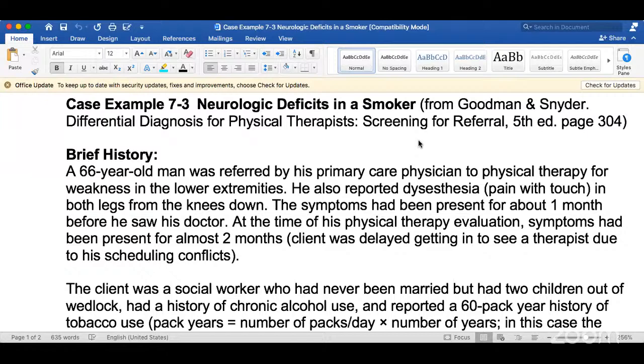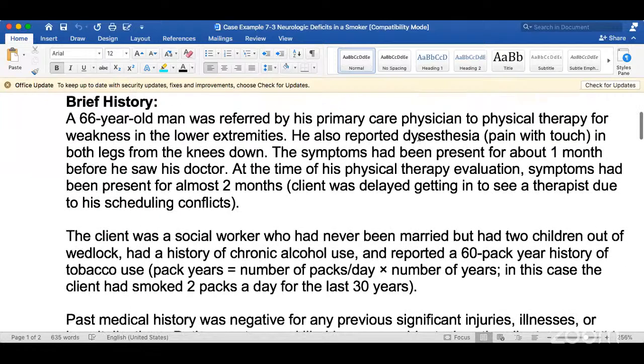Brief history: a 66-year-old man was referred by his primary care physician to physical therapy for weakness in the lower extremities. He also reported dysesthesia, pain with touch, in both legs from the knee down. The symptoms had been present for about 1 month before he saw his doctor. At the time of his physical therapy evaluation, symptoms had been present for almost 2 months. The client was delayed getting in to see a therapist due to scheduling conflicts.